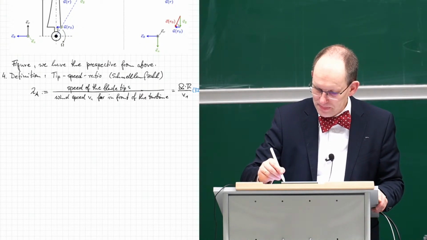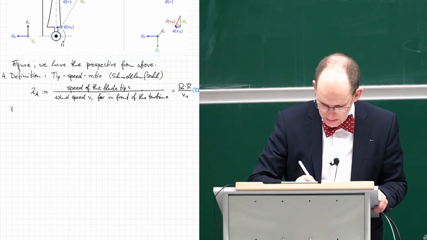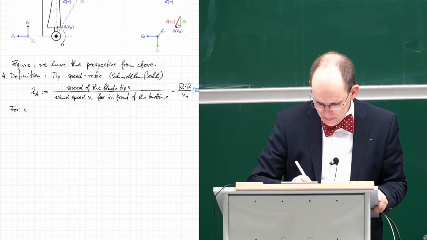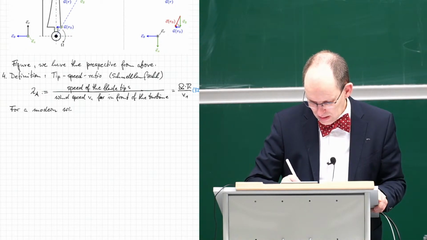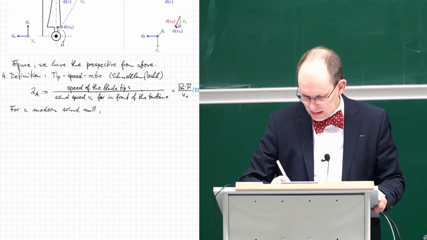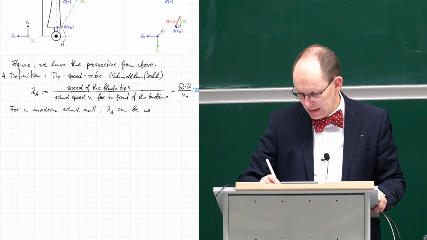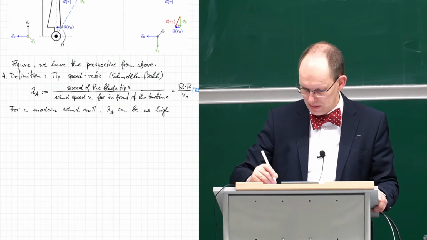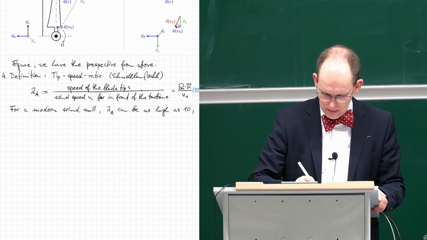Typical numbers for a modern windmill: lambda A can be as high as 10. It's not a typical number, but 7 would be a typical number.